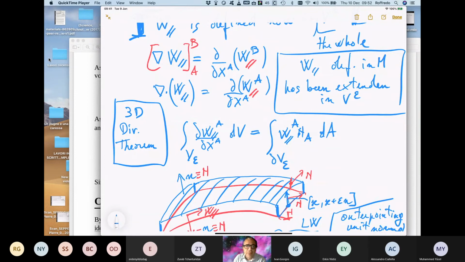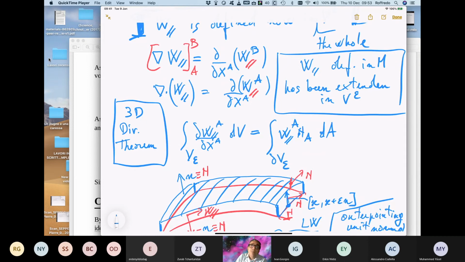I have a theorem which solves a simpler problem. I use this theorem applied to the simpler problem as a lever for solving a more complex problem. So I want to generalize the divergence theorem to surfaces for tangent vector fields.